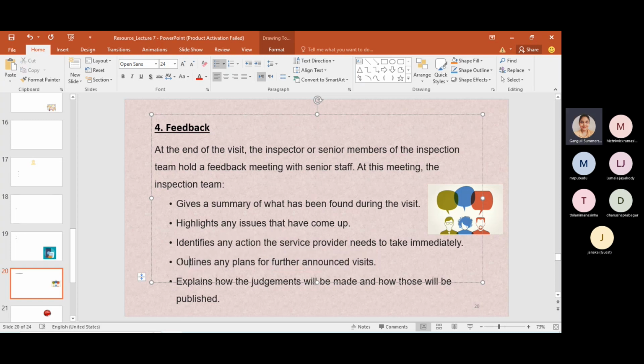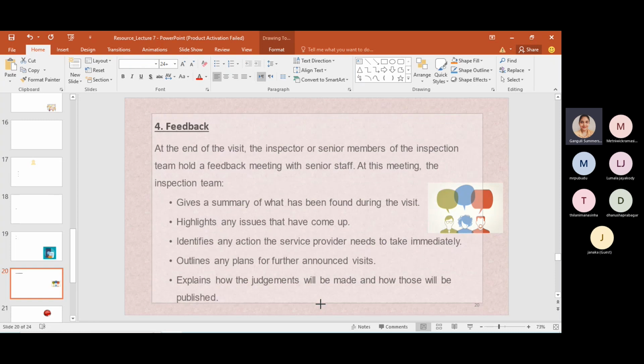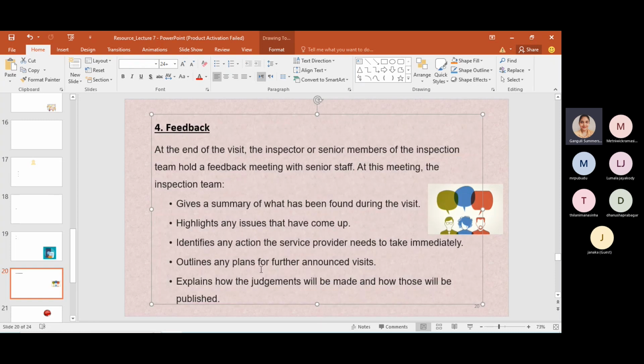If the inspection team wants to check the place again, they will schedule a second visit, and they will tell you the details about the second visit during the feedback stage.